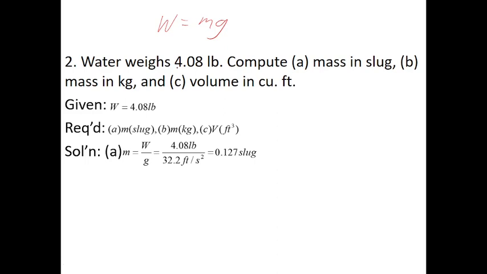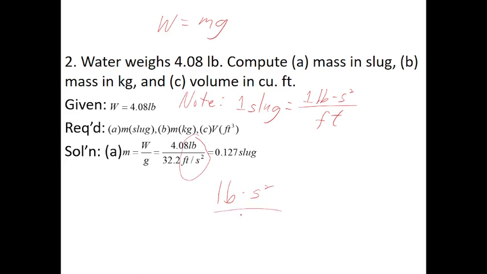Okay? So note that for every slug there is 1 pound second squared per foot. Now, 1 pound second squared per foot. So if we analyze the units, this is per second squared, so it will be transferred to the numerator, and what is left in the denominator is foot.